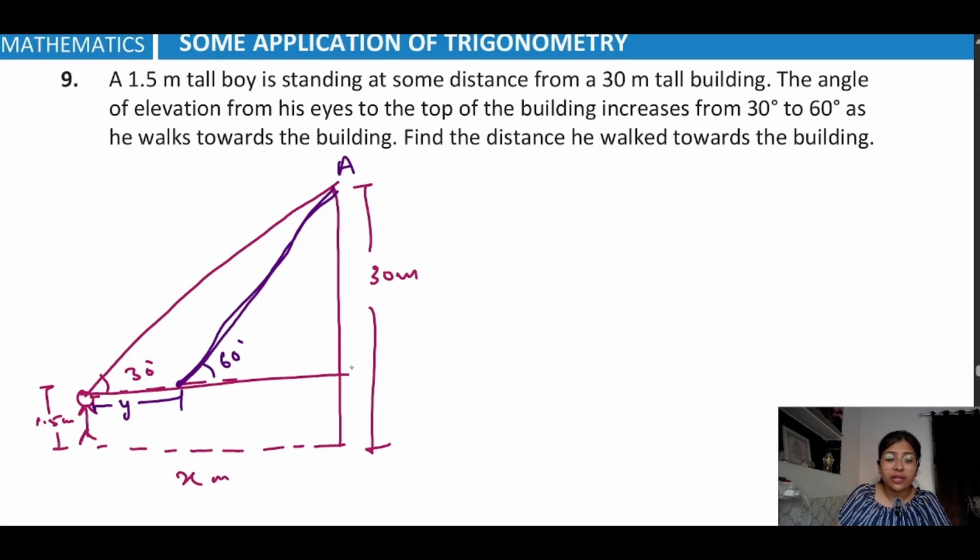Again, we have two triangles. Name the triangles A, B, C, D. So first, we are talking about triangle ADB.